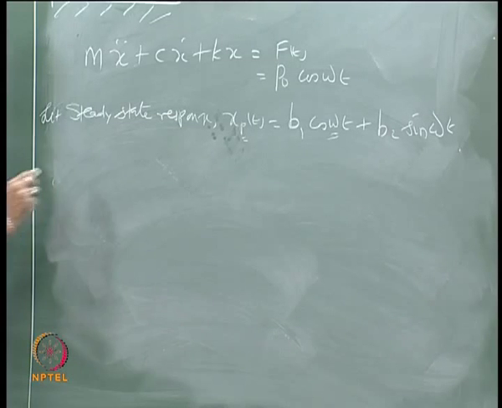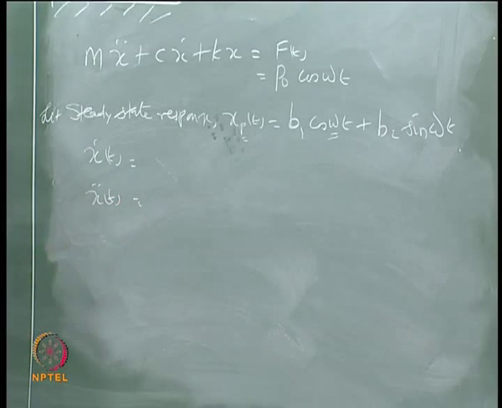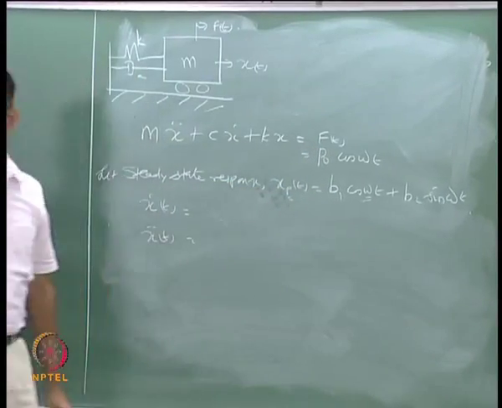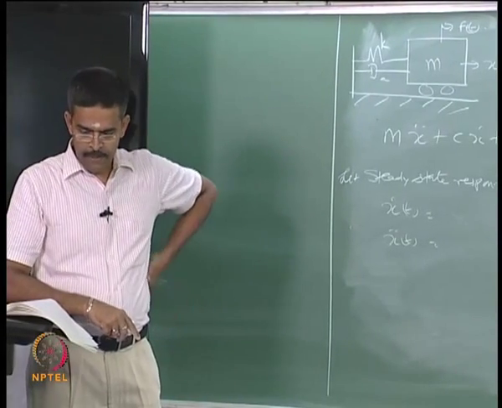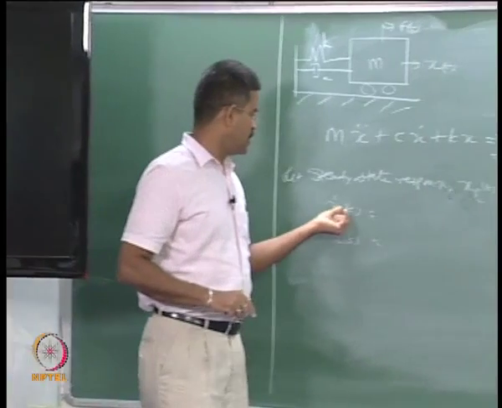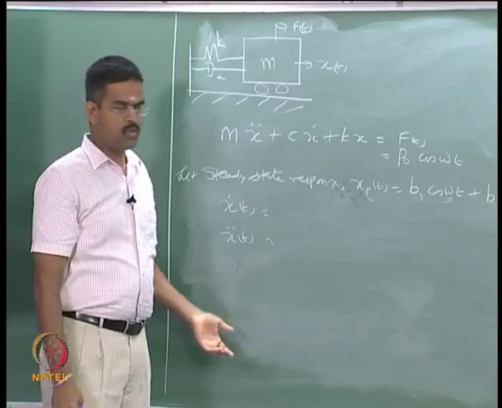So, can we quickly find x dot and x double dot, substitute these values in the original equation, and get B1 and B2? You simply differentiate once and twice, substitute back and get the values of B1 and B2.